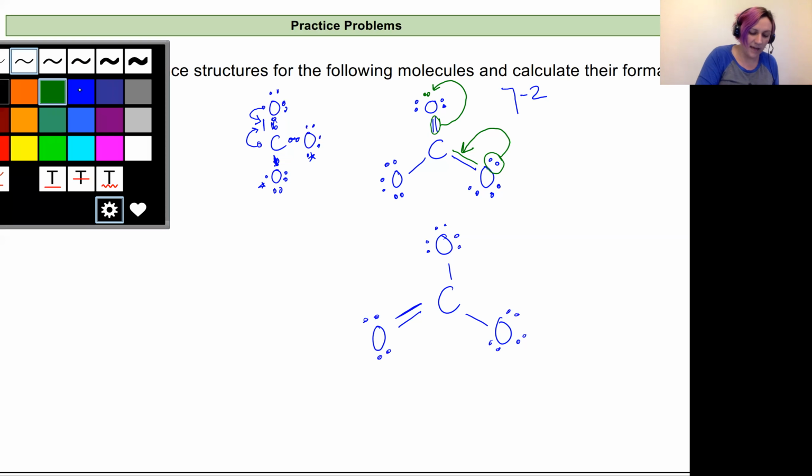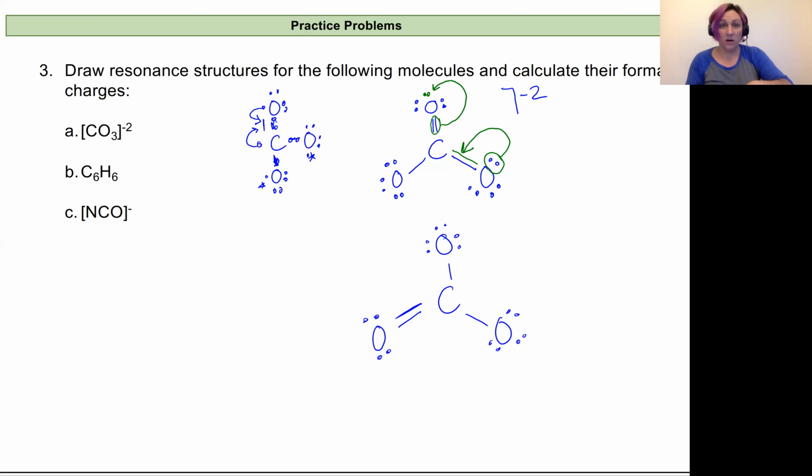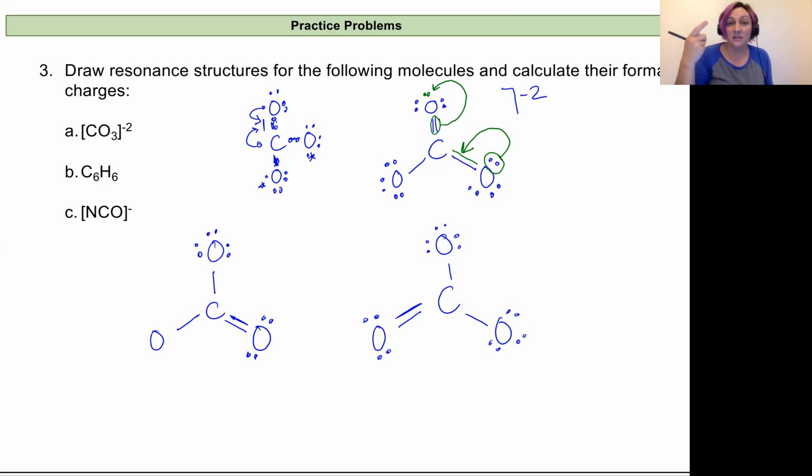And if I do that, I'll be able to create a third structure. It's going to look like this. So starting with my single bond template, I have that double bond here, leaving only 2 lone pairs on that oxygen with a double bond and creating a third lone pair on the one that now has only a single bond at the top.